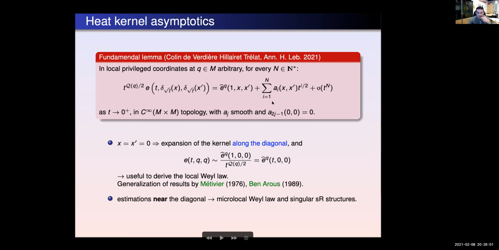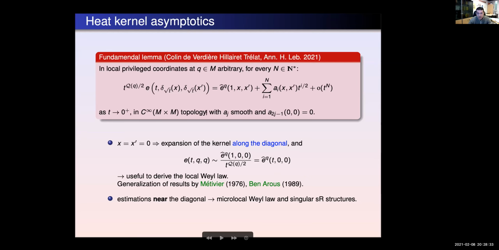So here, the fact that we estimate this expansion near the diagonal is an important step forward, because as we will see, it will enable us to derive micro-local Weyl laws and also local Weyl laws for singular structures, which is not possible if you only have at your disposal expansions along the diagonal.